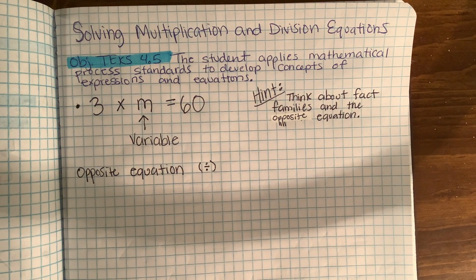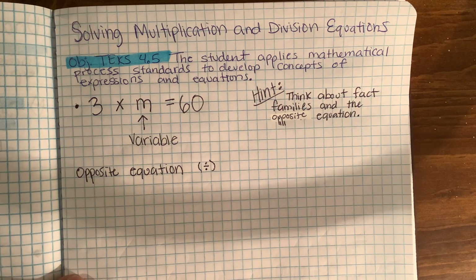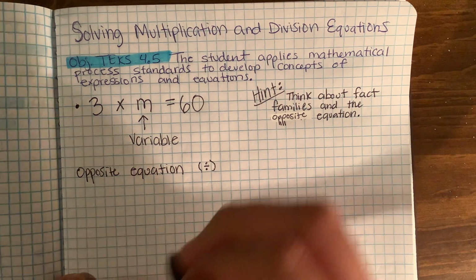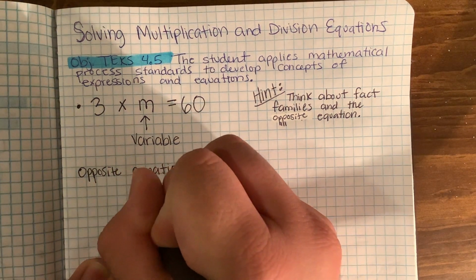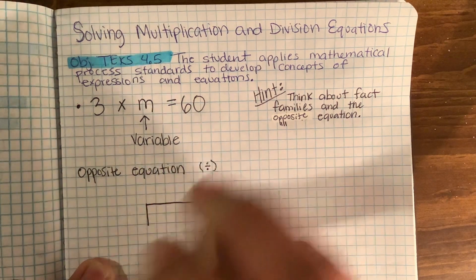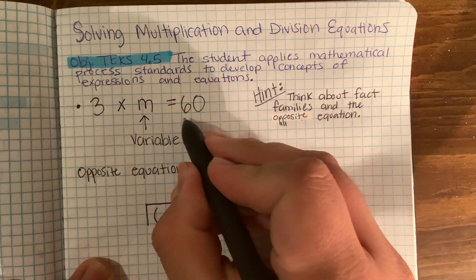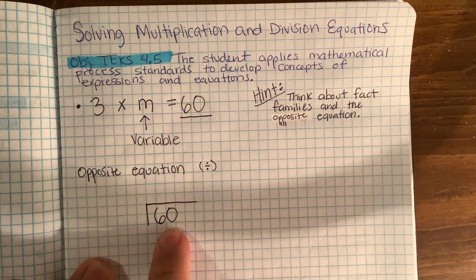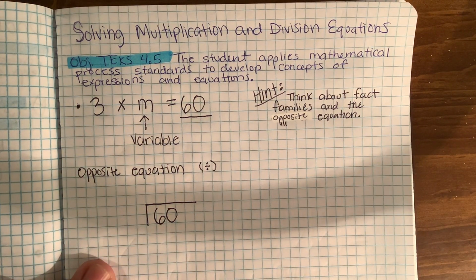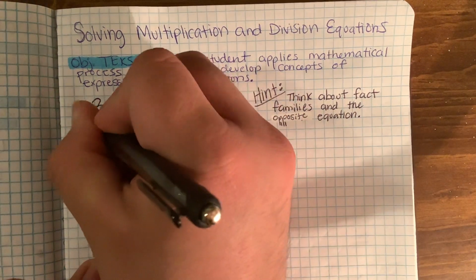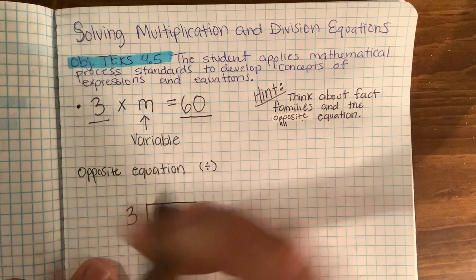If you said divisor, you are not correct. What about my dividend? Remember, the dividend is the number inside the little house, and that's the total, right? So my total out here becomes my dividend. Now, what do you think will be my divisor? If you mentioned 3, you are correct. 3 is my divisor.